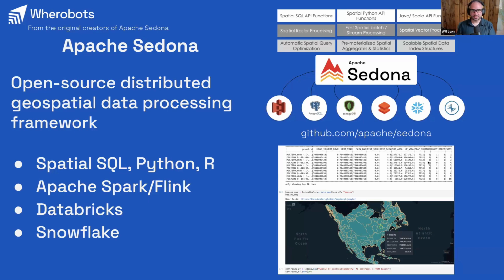So Wherobots is founded by the original creators of Apache Sedona. If you're not familiar with Apache Sedona, it's an open source framework for large scale spatial data processing. It adds spatial functionality, so spatial types, spatial SQL functions, and optimizations for working with large-scale spatial data to distributed compute frameworks like Apache Spark or Flink, Snowflake, Databricks, these sorts of things.